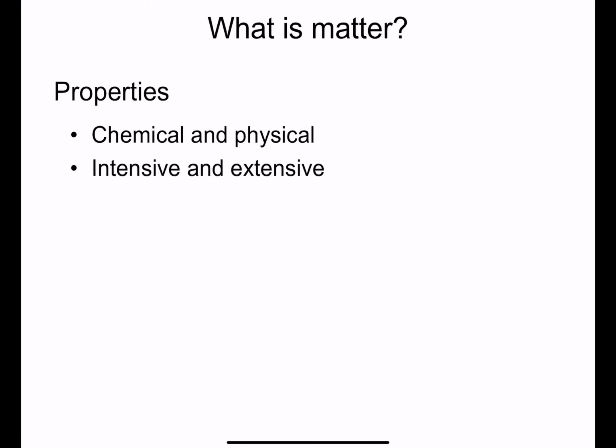We can also talk about intensive and extensive properties or variables. Extensive depend on the amount, the extent of material, things like mass, volume. Intensive do not depend on the amount or the extent of material, things like temperature, density, color. Those are all intensive properties.